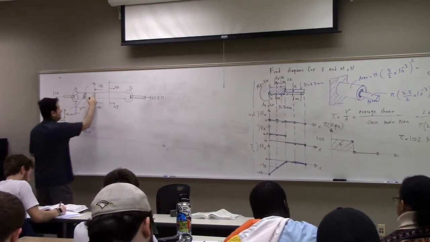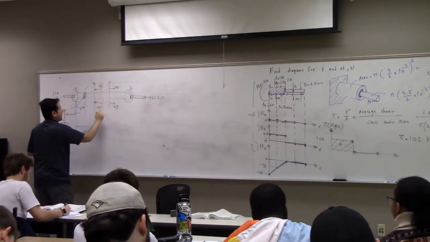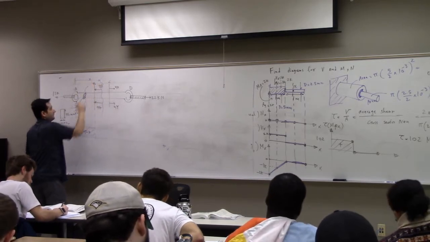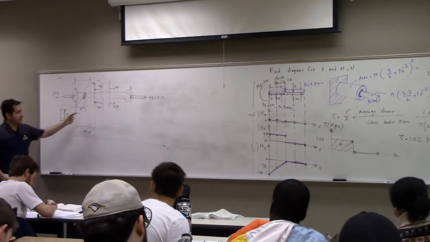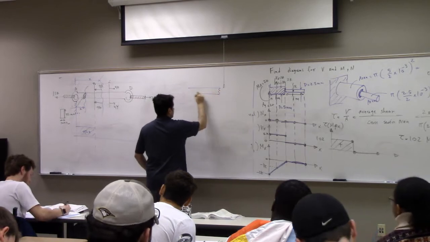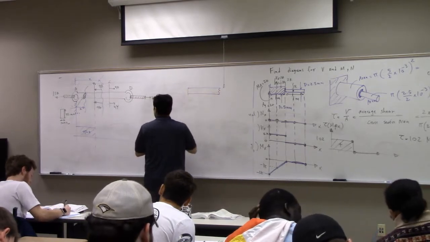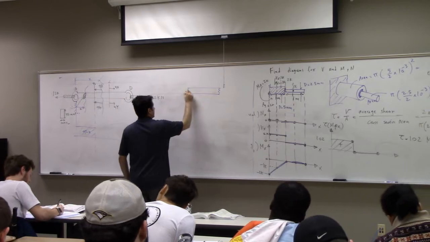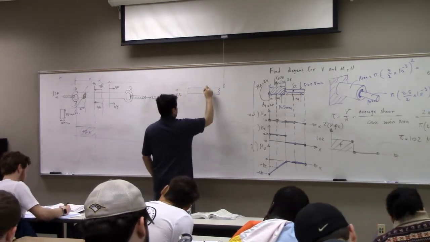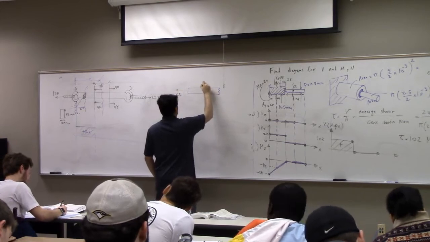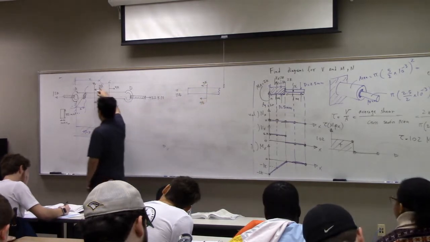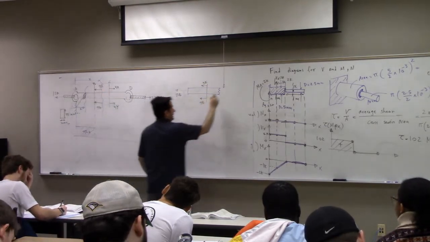Now let's go from B to C. So again, you cut it somewhere here, and your x still starts at the left. Now FBD, I want to draw FBD here. So for FBD, you have 12K, and then you have one 9K here, another 9K here, and then you have N at x.